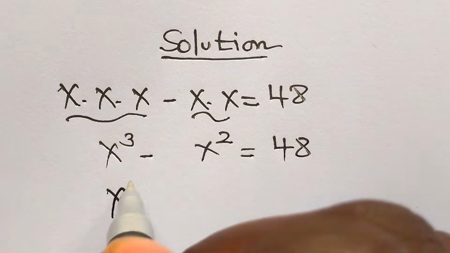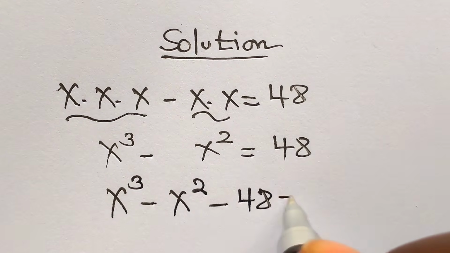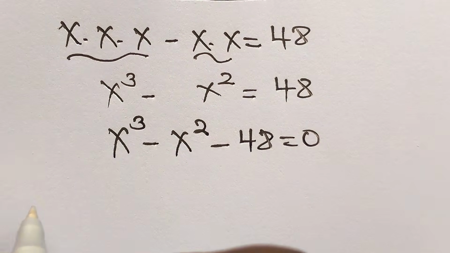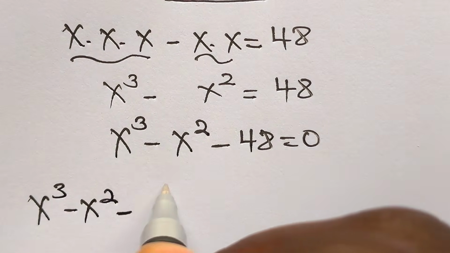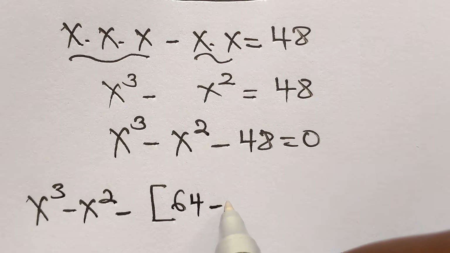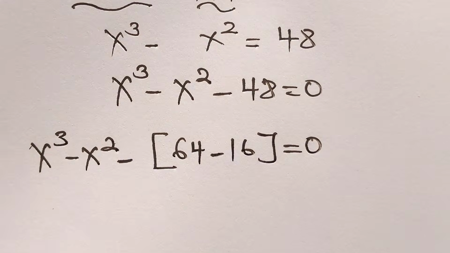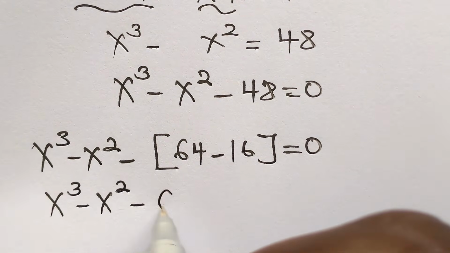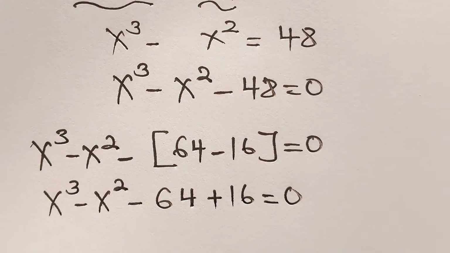By rearranging, x power 3 minus x squared minus 48 will be 0. At this stage, we have x power 3 minus x squared, then the minus 48 can be replaced by minus 64 plus 16, which is equal to 0. Then we have x power 3 minus x squared minus 64 plus 16 equals 0.